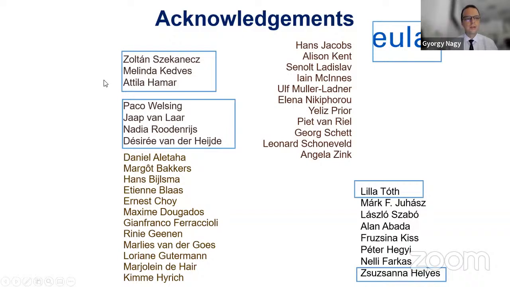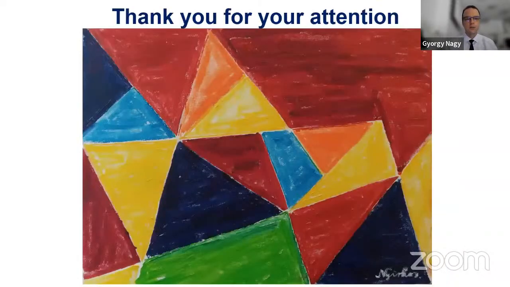Zoltán Szekanecz, Melinda Kedves, Attila Hamar contributed a lot, such as Jaap van Laar, the convener, Paco Welsing and Desirée van der Heijde, methodologists, and Nadia Roodenrijs, another fellow who worked really a lot for ages on this project. And another meta-analysis was conducted by Lilla Tóth, my PhD student, and many other colleagues, and Zsuzsanna Helyes contributed significantly to this work as well. Thank you very much for the possibility again, and thank you so much for your attention.